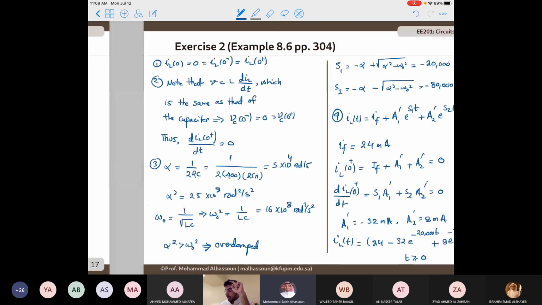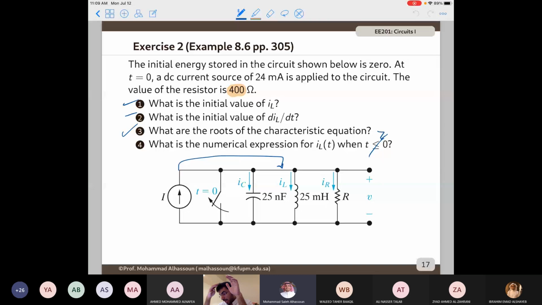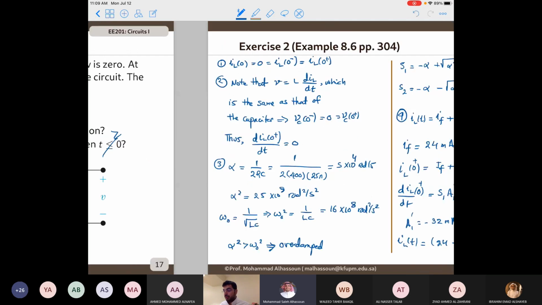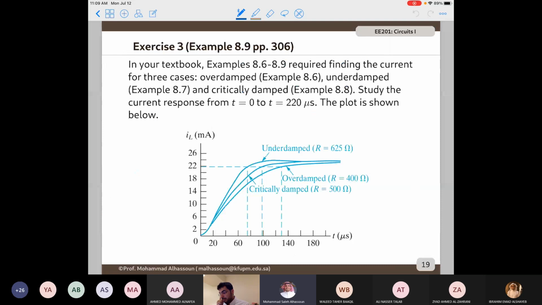Remember, at the end of the day, you will have an inductor that behaves like a short circuit, and anything in parallel with a short circuit is 0. So the final value will be the same as the value of the current source, and in all three possible cases, you will have the same current source. So eventually, you will end up with 24 milliampere.